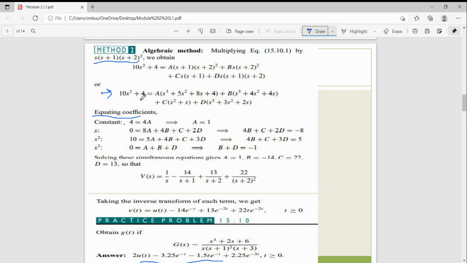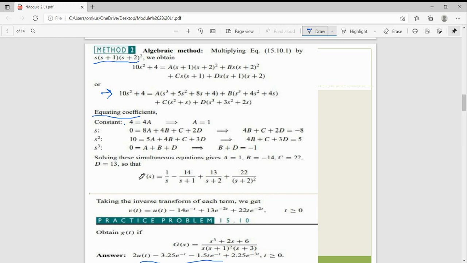There is no s power of 3 on the left, so equate s power of 3 equal to 0. According to that, you are getting this parameter, right? Now re-substitute this variable in your original equation and try to find the function in terms of the time domain.